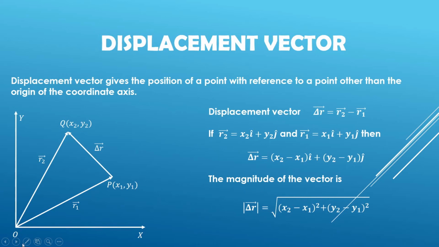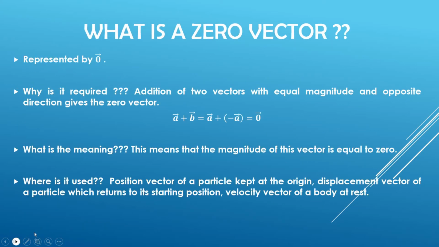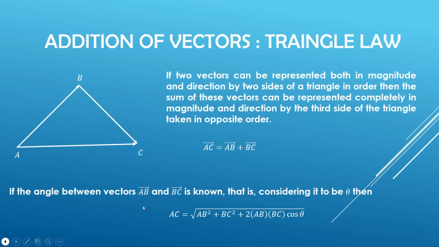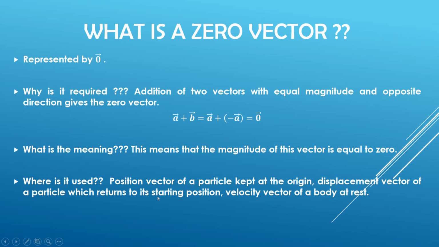It will give me a zero vector. We know the velocity vector. If we keep a body at rest, it is not moving at all, then the velocity vector is a zero vector.